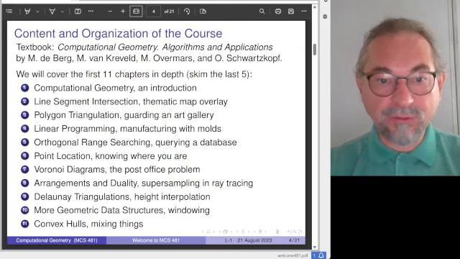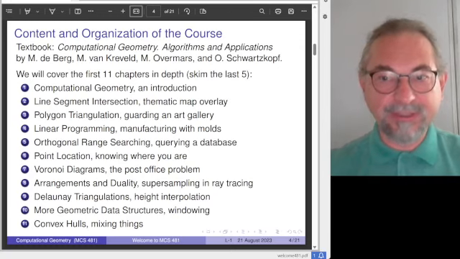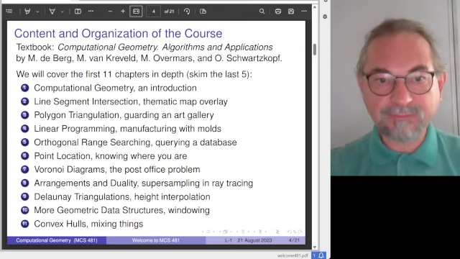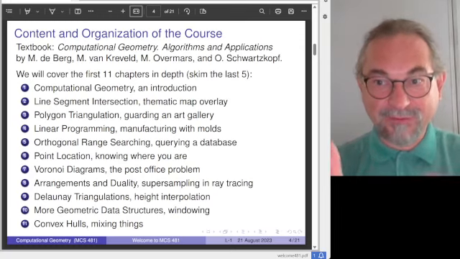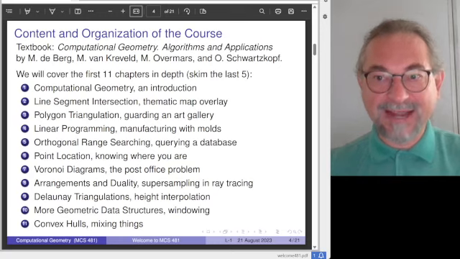We will do this chapter somewhere in the middle, around week 9 or week 10. I hope that by then you're not too overloaded in the semester. But we will cover then also the relationship with triangulations. You see the guarding of an art gallery. I've seen this proof: how many cameras do you need to guard an art gallery?